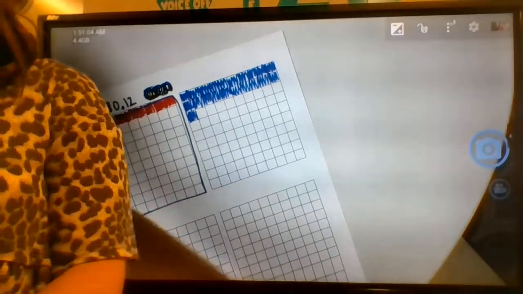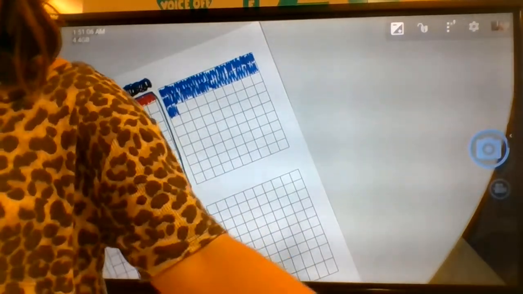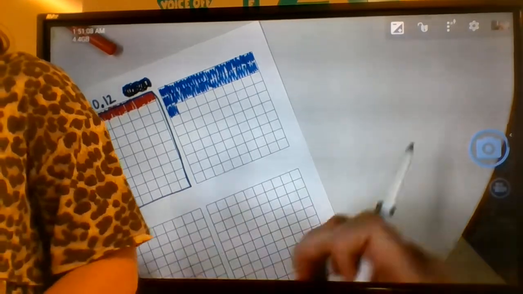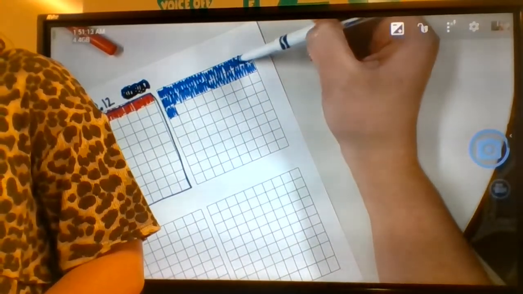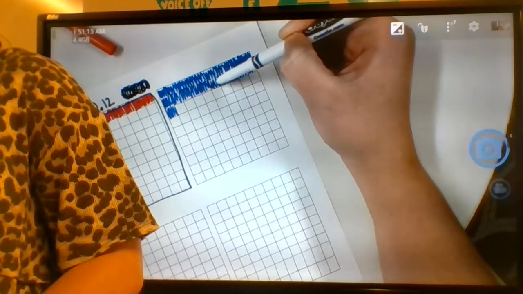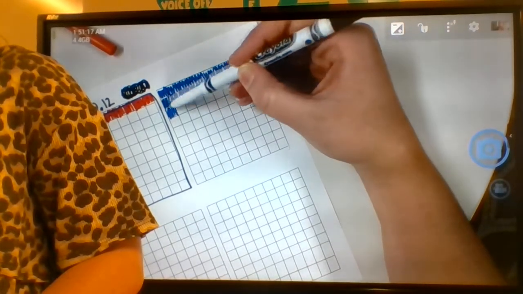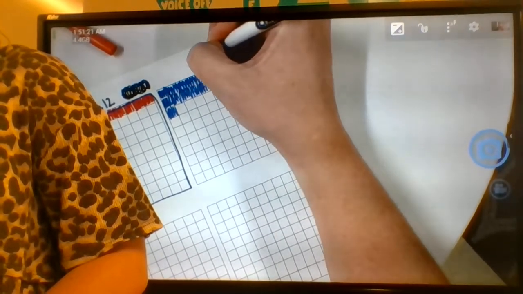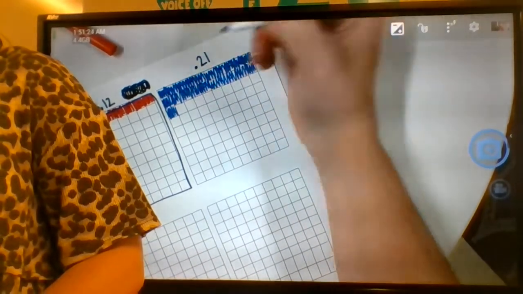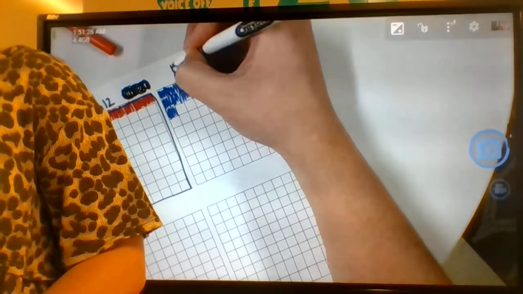Okay. So let's count up how many squares we have. 1, 2, 3, 4, 5, 6, 7, 8, 9, 10, 11, 12, 13, 14, 15, 16, 17, 18, 19, 20, 21. So I have 21 cents.